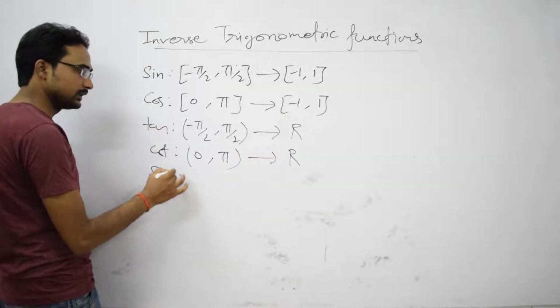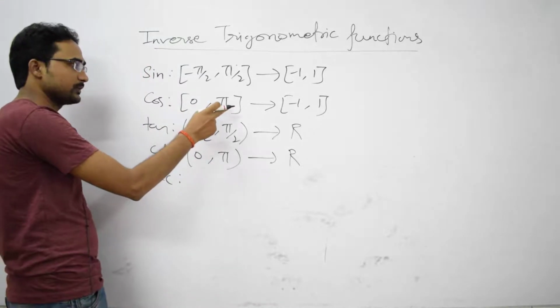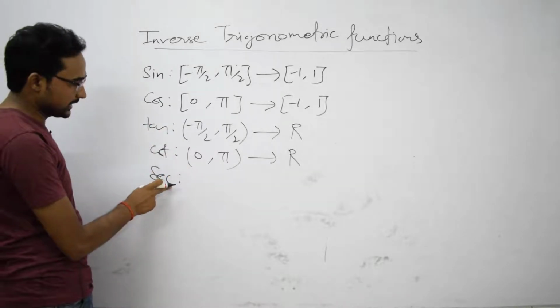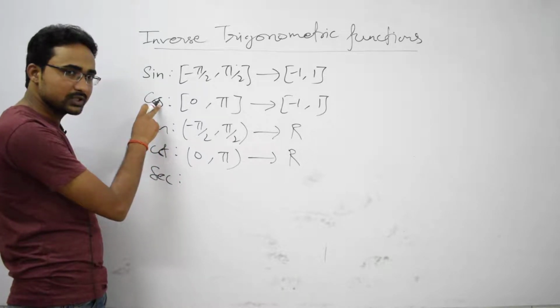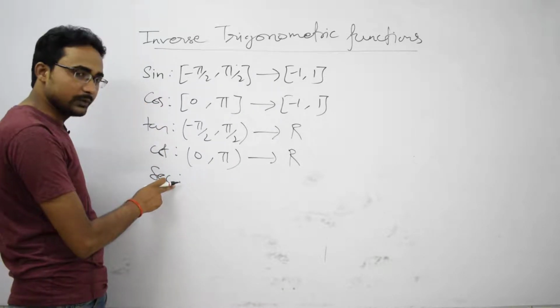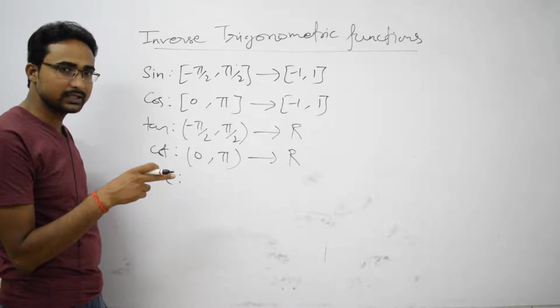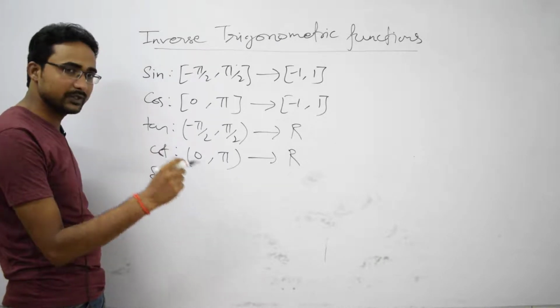Sec is defined from, that means cos is defined from 0 to pi. In the case of sec, if you take sec 90, that means 1 upon cos 90, and cos 90 is 0, so the function will not exist at that point.